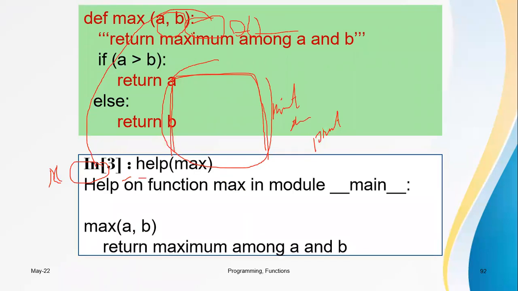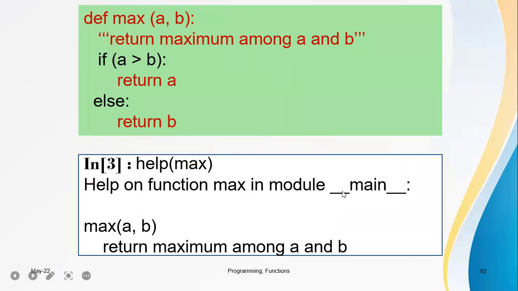So when I write like this, help on function max in module __main__, max(a, b), it will return the maximum among a and b.